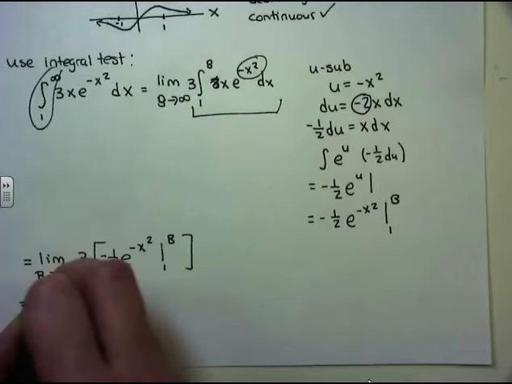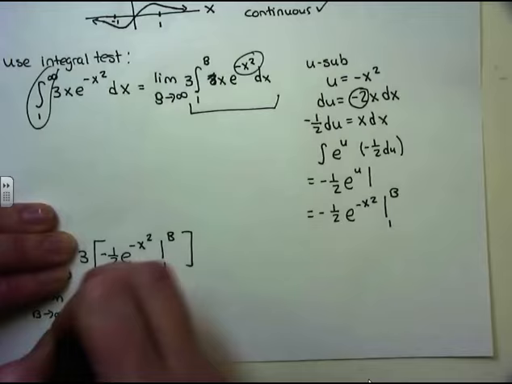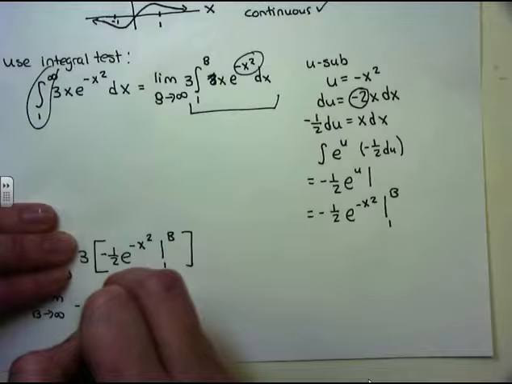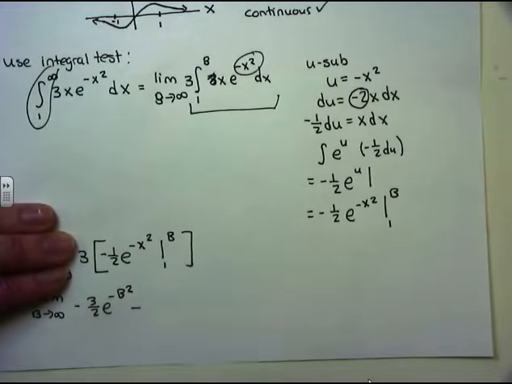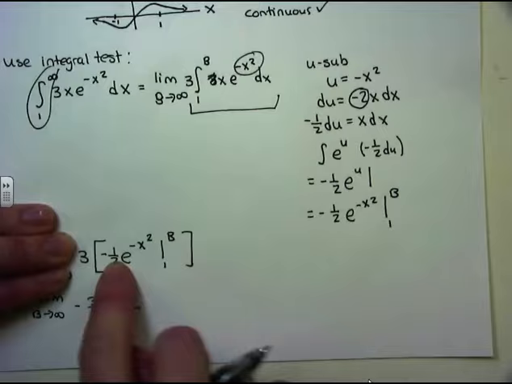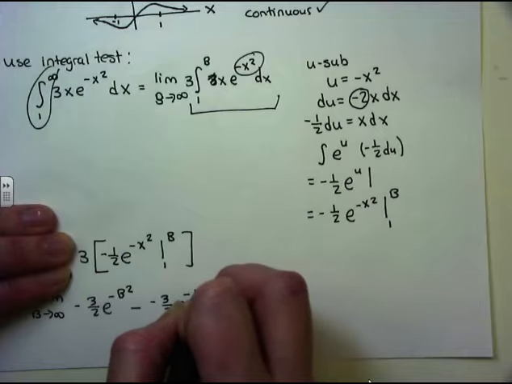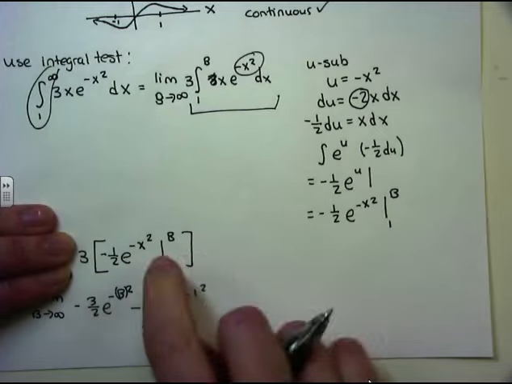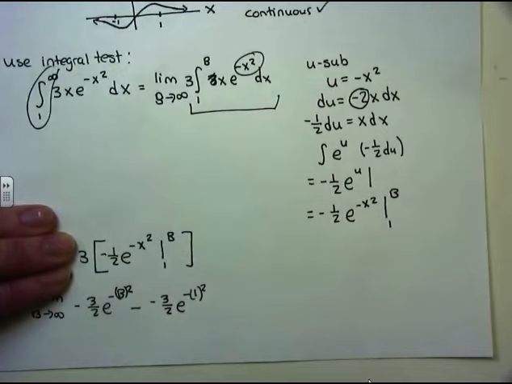What I'm looking at is the limit as b goes to infinity of, well, notice here when I plug in that upper limit of b, I would have negative 3/2 e to the negative b squared minus, plugging in the lower limit, I would have negative 3/2 e to the negative 1 squared. And just to emphasize, the x is being squared, so here b is being squared, and here the 1 I plugged in is being squared. Obviously, the negative and negative there will be a positive.